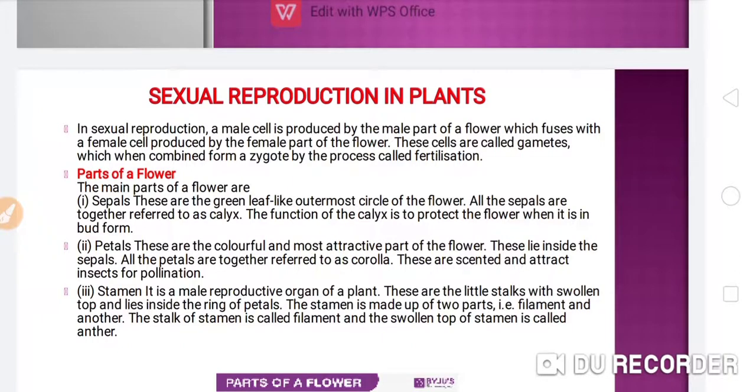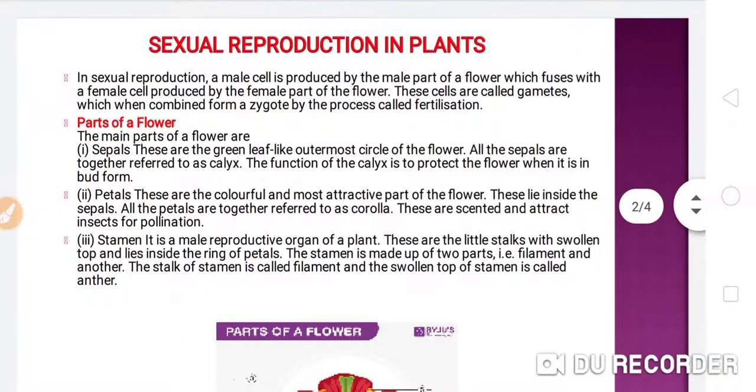Now first, sexual reproduction in plants. In sexual reproduction, a male cell is produced by the male part of a flower, which fuses with a female cell produced by the female part of the flower.